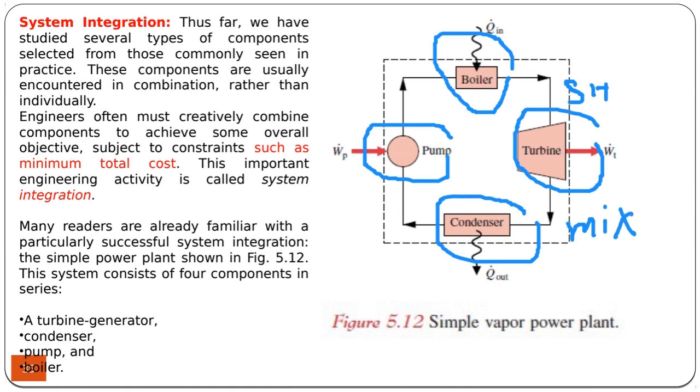However, this mixture should be converted to liquid before it's pumped back into the boiler. So inside the condenser, this mixture is cooled by cooling water to convert it from water vapor mixture to liquid. So you have saturated liquid here at the exit of the condenser, and at the exit of the pump, you have compressed liquid.